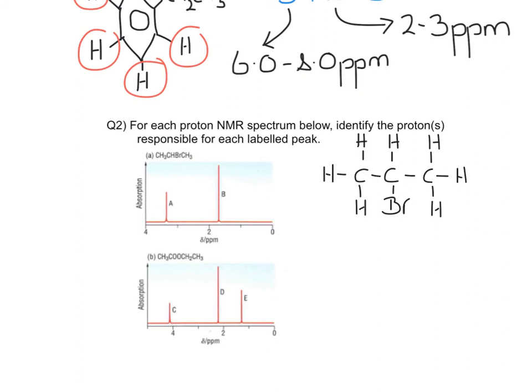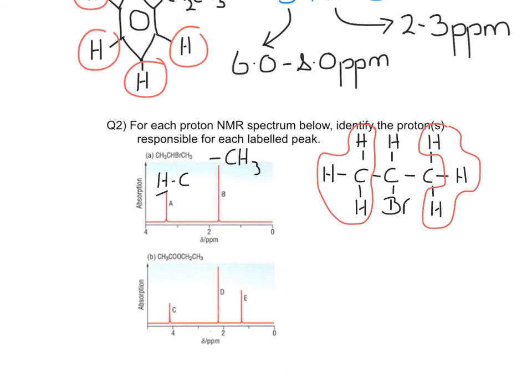I am hoping that you see that these 3 protons are equivalent to these 3 protons. They're not directly attached to this electronegative bromine, so therefore these protons that are part of the 2 CH3s will have the lowest chemical shift, and I can go and assign these CH3 protons to the peak B. Now that only leaves the proton that's attached to the CBr.